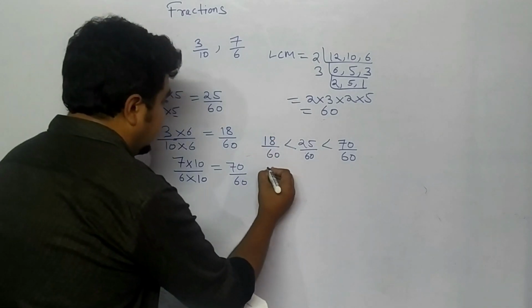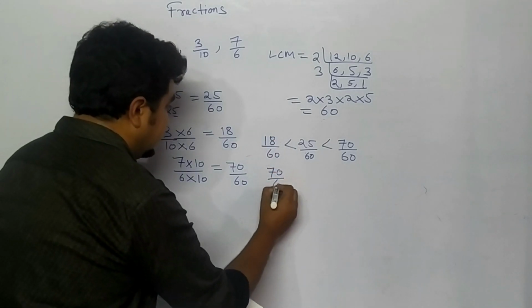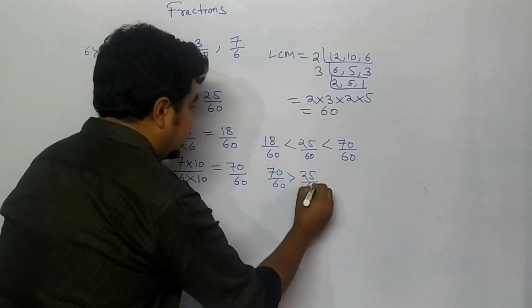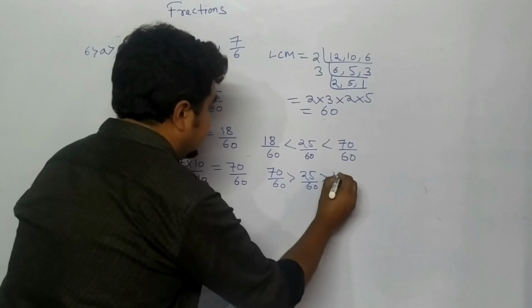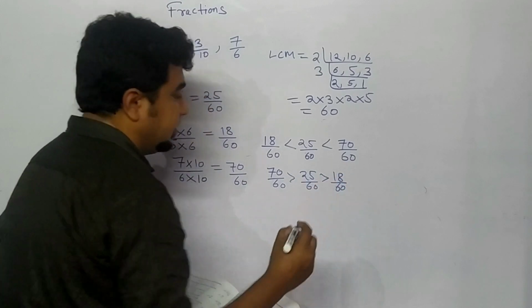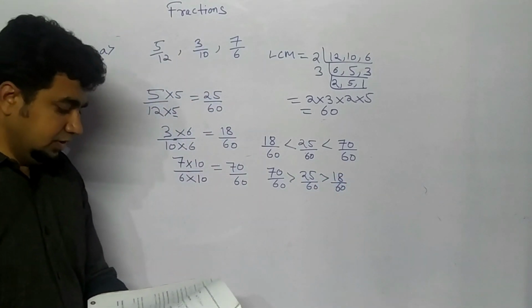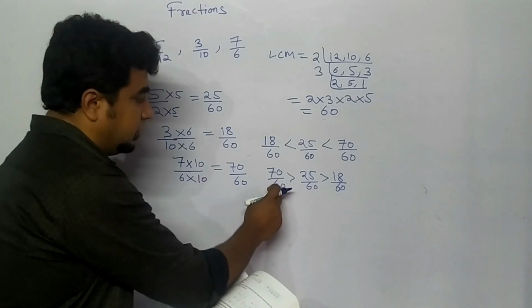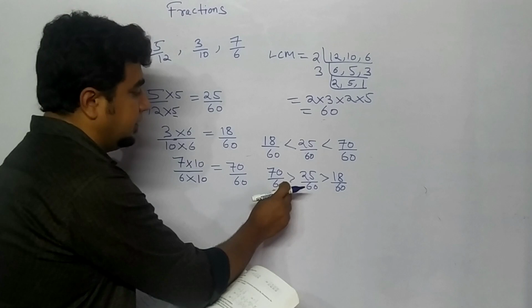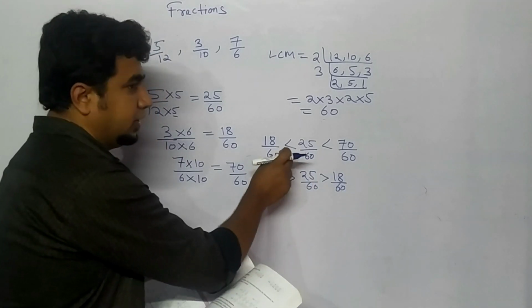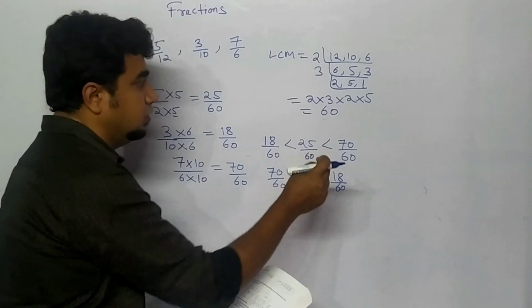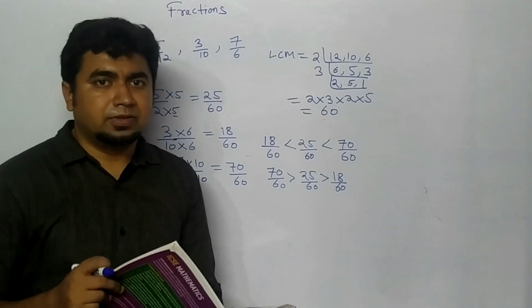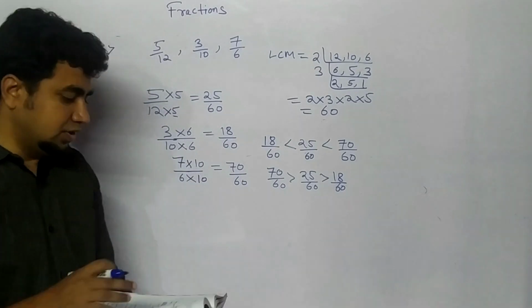Descending means you write 70 by 60, then 25 by 60 and 18 by 60. Similar types of questions you have to proceed with in question number 7. For descending, write from bigger to smaller, and for ascending, write from smaller to bigger.